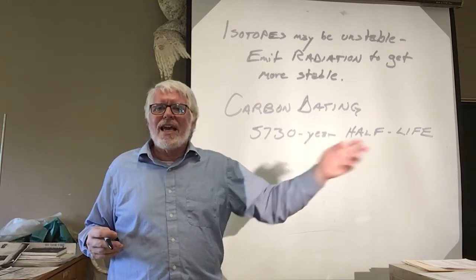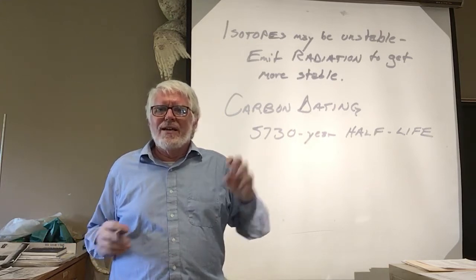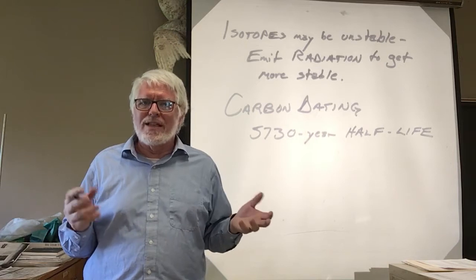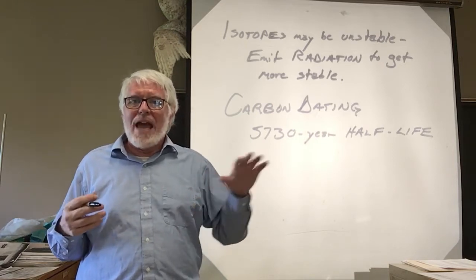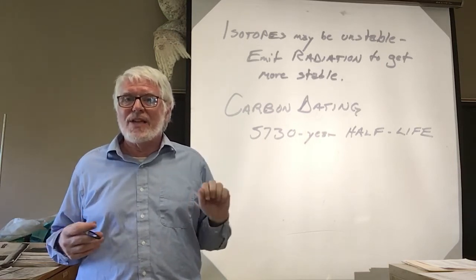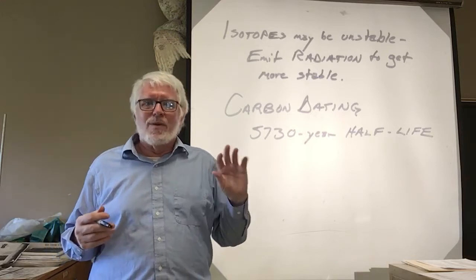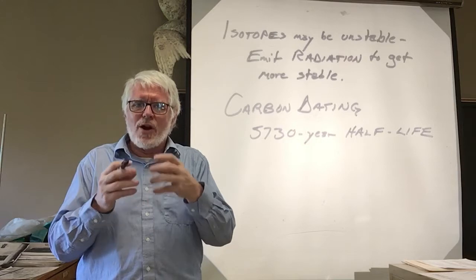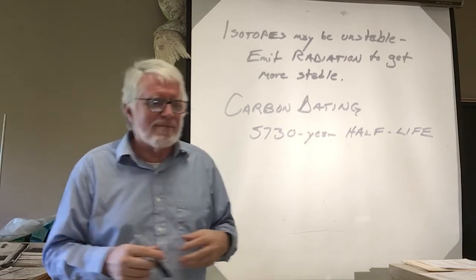So in this case, how long does it take the starting amount of carbon-14 that the plants have before half of it's gone? And it is 5,730 years. So about 6,000 years, the small amount of carbon-14 that it started with is now half that.